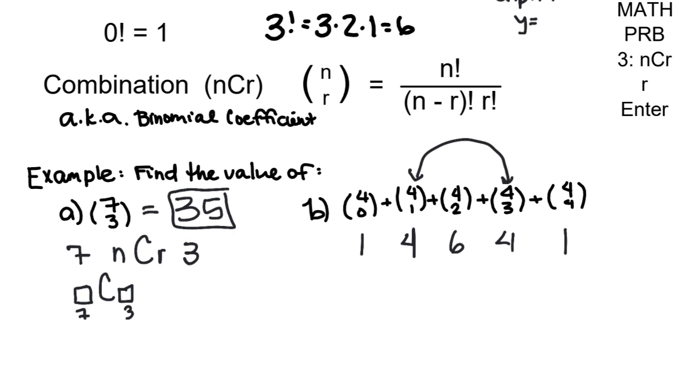So there's going to be symmetry here. That's the 4th row in Pascal's triangle. I don't actually care that we're going to add them together. It's 10, 15, 16.